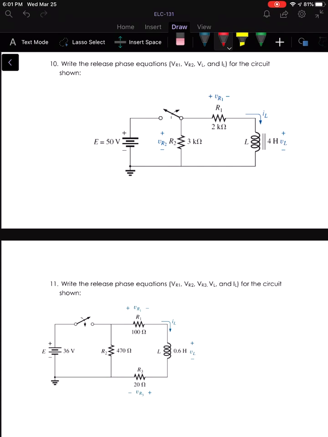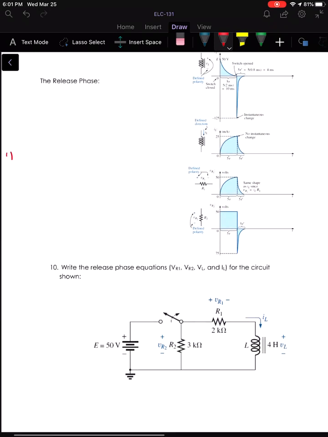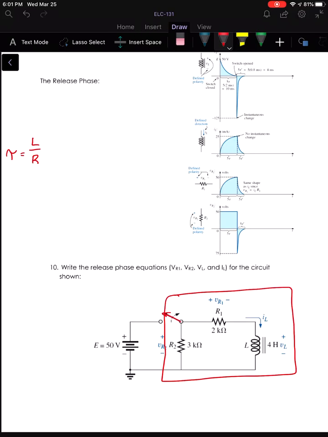So the release phase equations, let's talk about that. First off, we need to find our tau, or our time constant. Remember, tau is equal to L over R. Now in the release phase, when we open up this switch right here, our circuit is this one, and the effective resistance as seen by the inductor is R1 plus R2.